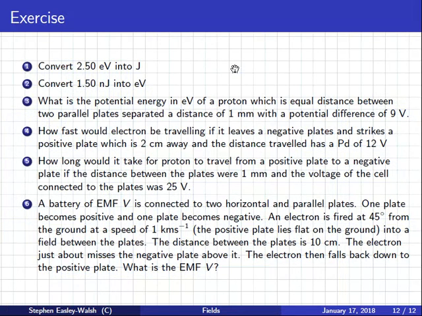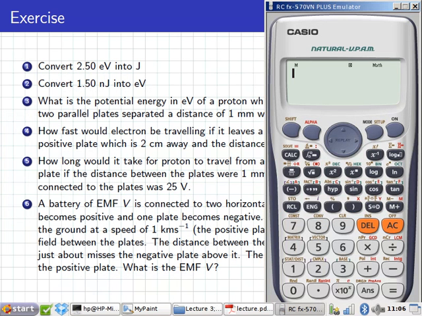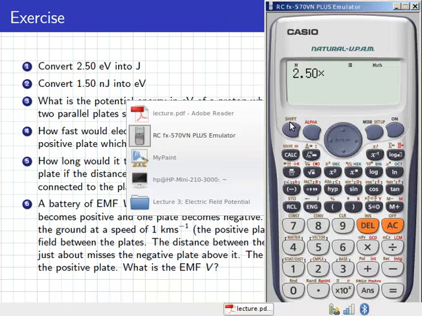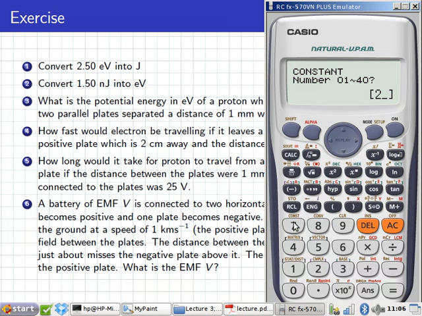Calculator's not open. So while it is opening, let's have a look. Here we go. Okay, so the first one, multiply. That's the answer for the first one. Write that down if you need to, or check if it's right, please. And now for the next one, ten power minus 9.